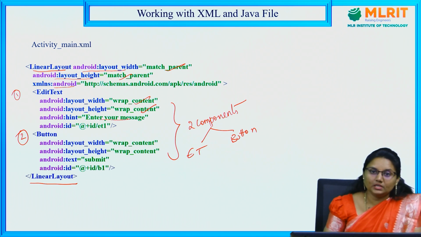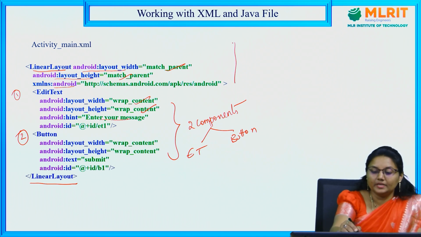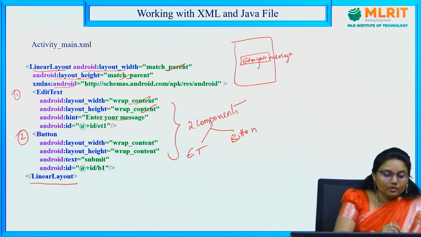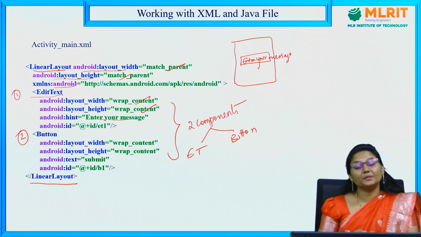We are giving a hint: whenever you have an application like this, you will get an edit text box, and here you will see a hint called enter your message. That is a hint. Now, what does ID mean? You may use multiple edit text boxes.